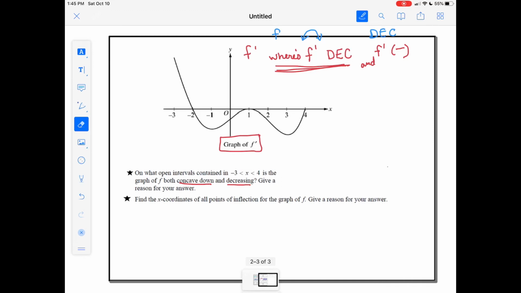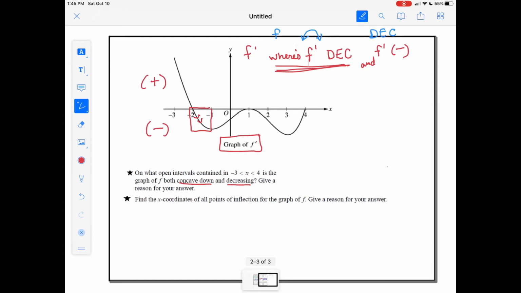So here is one. We know that f prime is decreasing from the interval from -3 to -1. But remember folks, these are positive values and these are negative values. So I want decreasing and negative. So I know this stretch from -2 to -1, f prime is decreasing, right? It's going down, and it's negative.